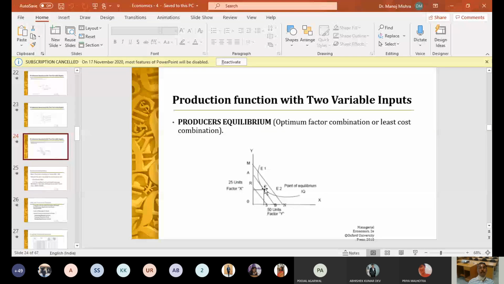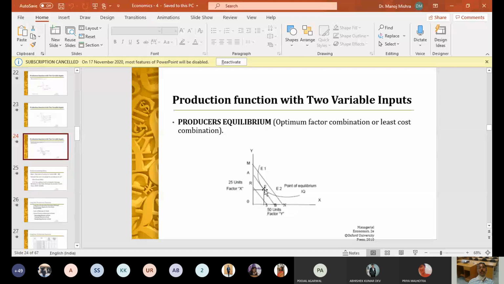There is a pressure on him to move back to E because here the cost is minimum, and these are the factors, a combination, say 25 units of X and 50 units of Y, at which we have the equilibrium. So as soon as we increase the factor Y from 50 to 55, we will reach this point. Obviously, there will be another factor X here, but we find that the cost has gone up.